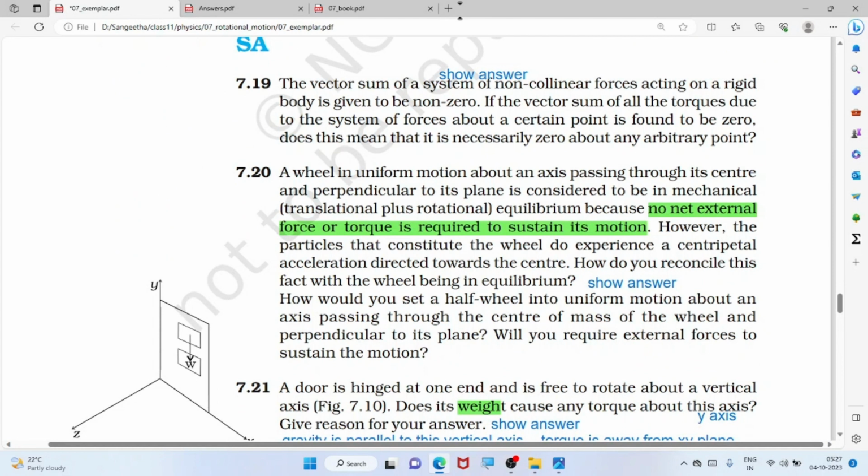The vector sum of a system of non-collinear forces acting on a rigid body is non-zero. The vector sum of all torques due to the system of forces about a certain point is found to be zero. Does that mean it is necessarily zero about any arbitrary point? No, that is not true.